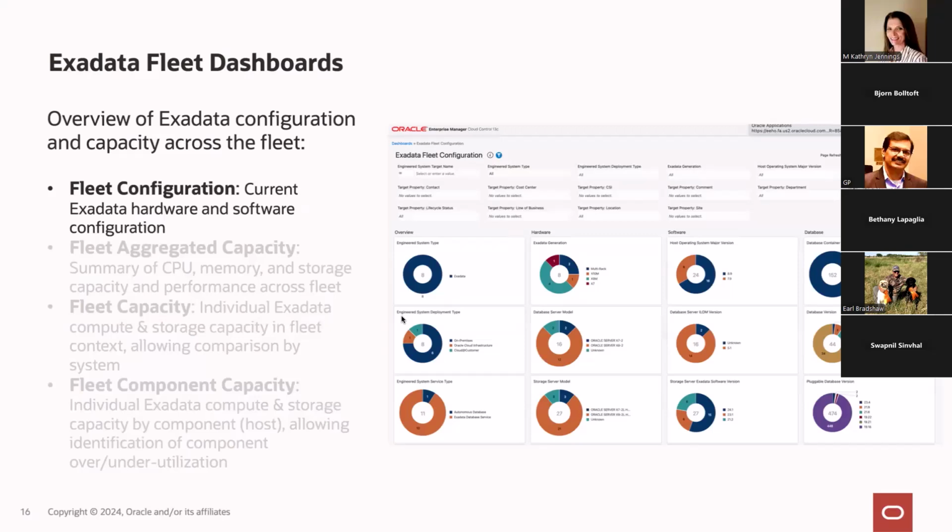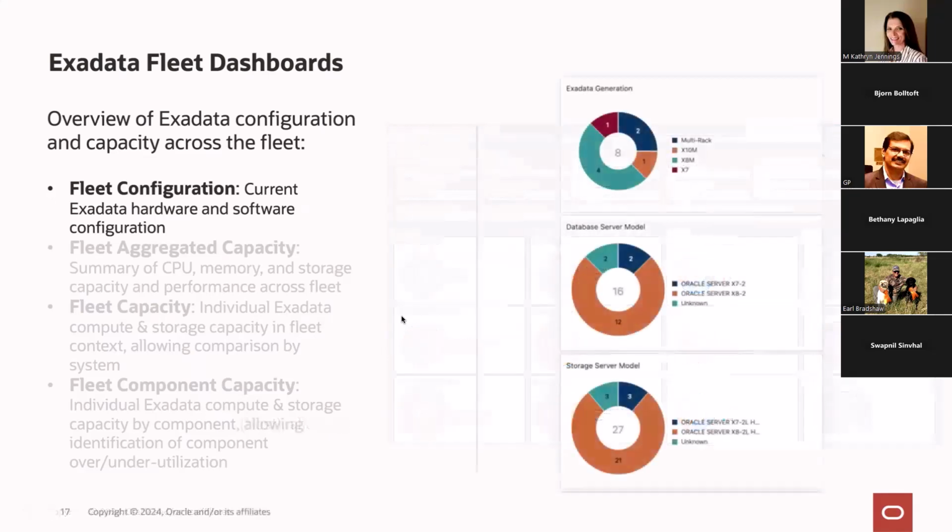If we have on-prem, cloud at customer, and so on. We have engineered system types, autonomous databases, and normal Exadata environments. We have information about Exadata generations, and here we can see more detail about the generations.